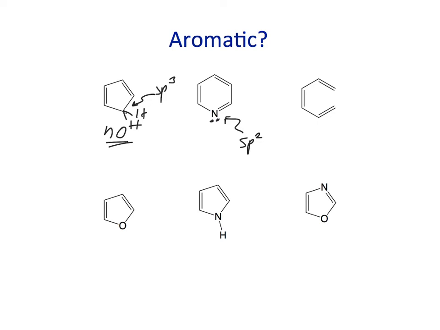If we try to draw this molecule from the side, like this, we're going to have a p orbital on each of these atoms, and we have 1 on the nitrogen. We also have this sp2 hybridized orbital sticking out here.